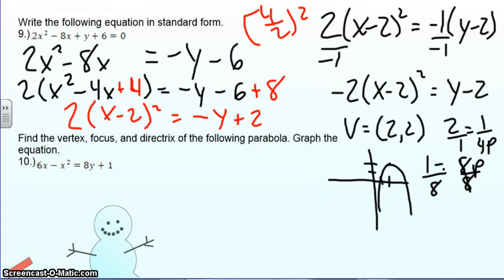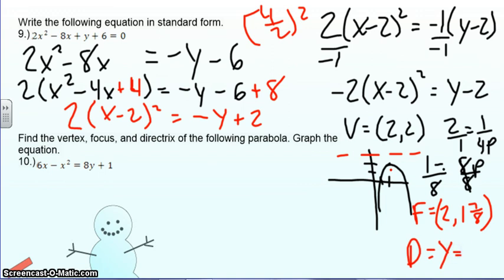So I'd have to go 1/8 in and 1/8 back for the directrix. So my focus, since I'm still over 2, but I went up 1/8, it'd be 1 7/8. Because it was at 2 and I went 1/8 closer. Okay? The directrix is going to be y equals, because it goes through the y-axis, and then I went 1/8 backwards, so it's 2 1/8.